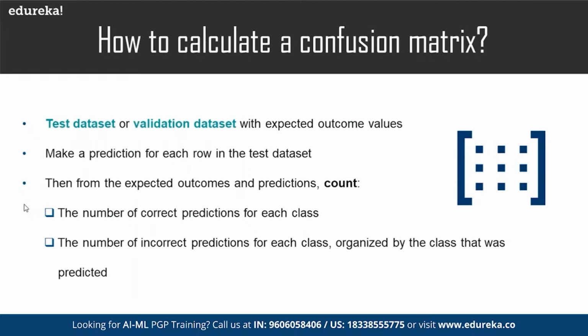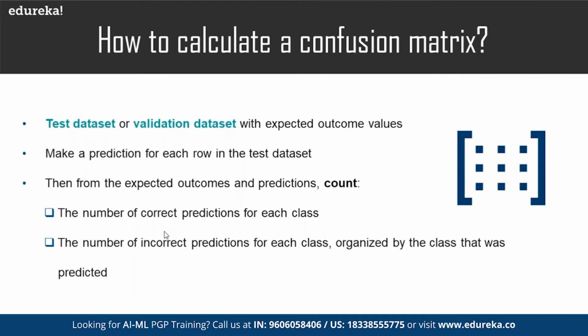Make a prediction for each row in a test data set. This is again when we talk about tabular data sets and structured data. The number of correct and incorrect predictions for each class falls in the label-wise view. So we have multi-class classification, single-label and multi-label classification.